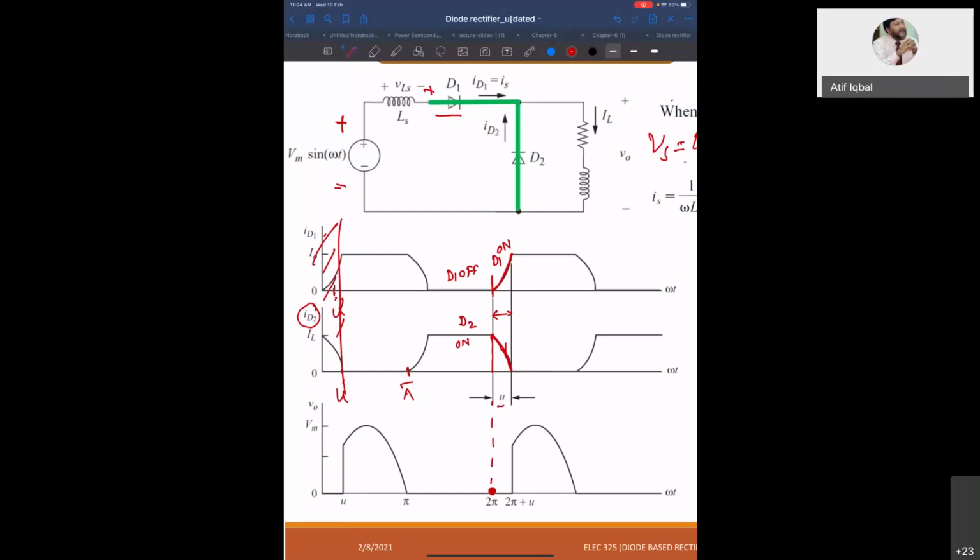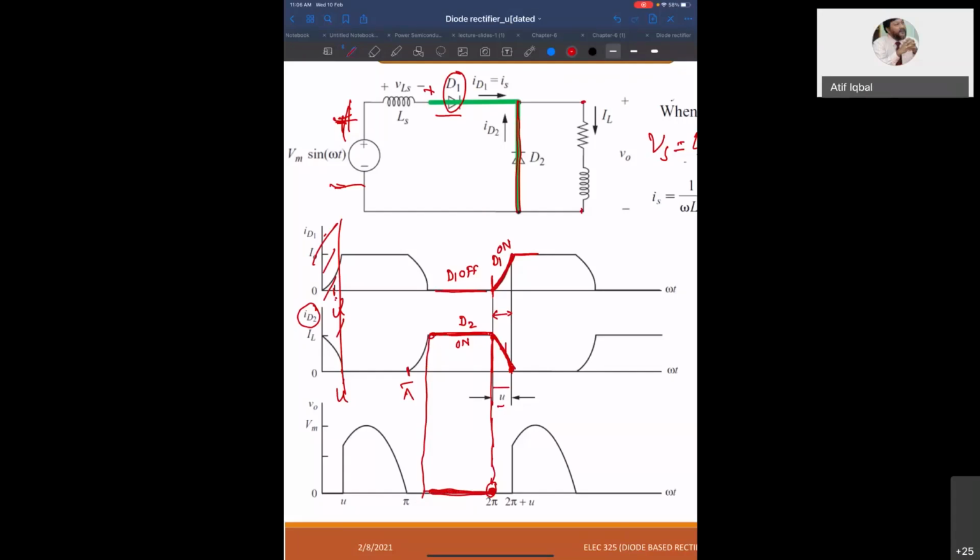When D2 is on, the output voltage will be 0. That is why, when D2 is on, from this period to this period, your output is 0.